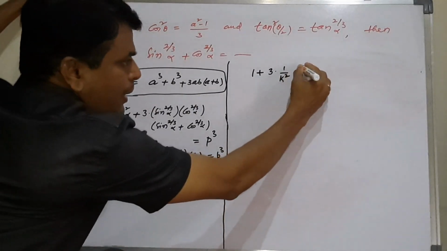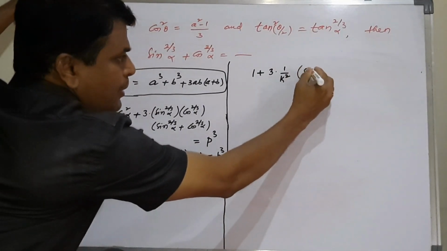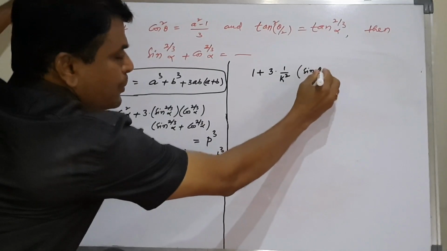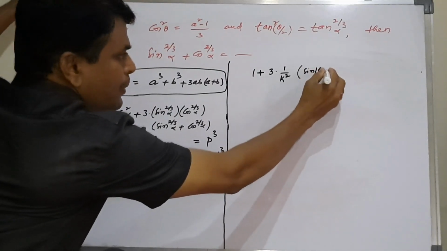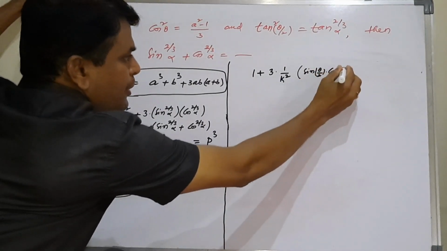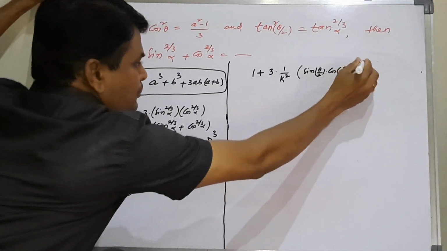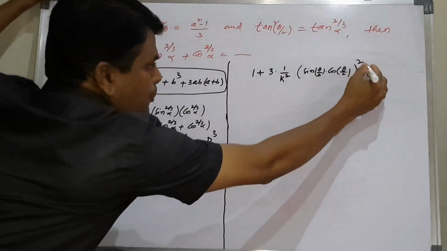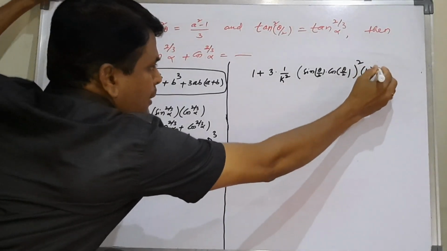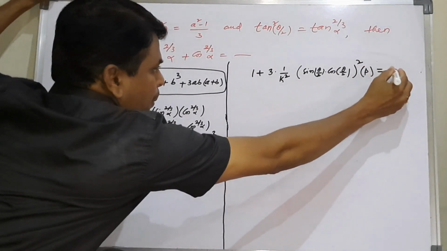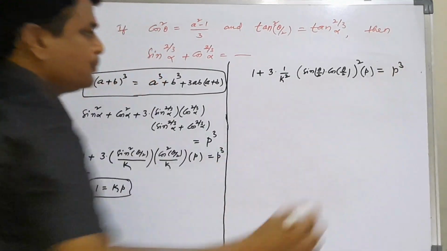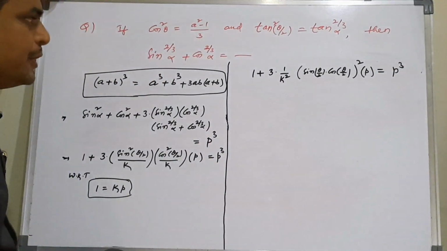Now I can write the remaining sin theta by 2 into cos theta by 2 whole square into p is equal to p cube.